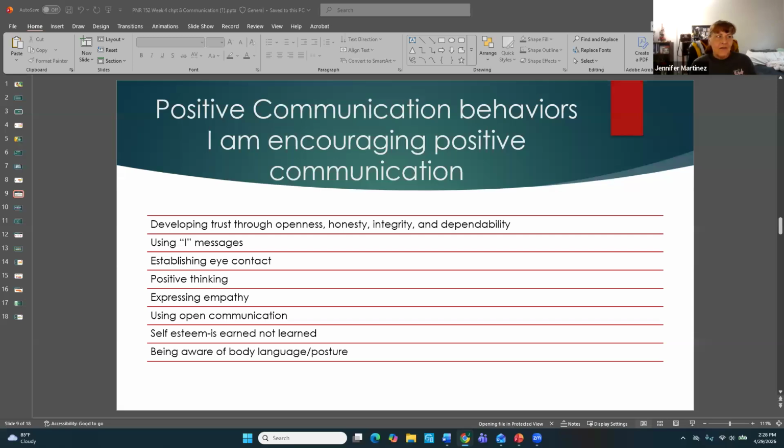Positive thinking, okay? And I'm not saying going in and saying everything is going to be absolutely wonderful and great. That is not what I mean. But when we have somebody that is depressed, or even sometimes anxious, or maybe had a bad diagnosis, it's not going in and saying, oh my gosh, everything is going to be okay.